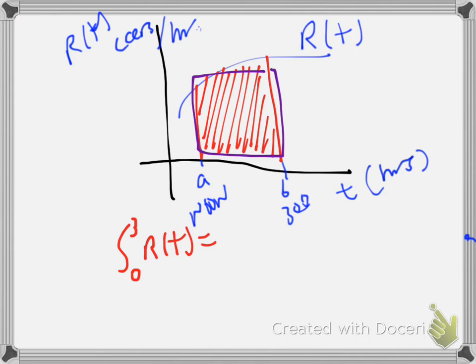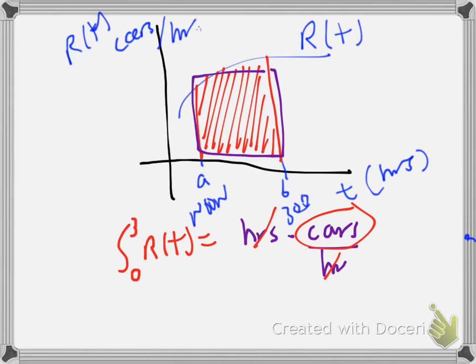The dimensions of the rectangle are hours times cars per hour, and then the hours cancel out and we get the number of cars. Okay, the number of cars that have traveled through that intersection from noon to 3 o'clock.